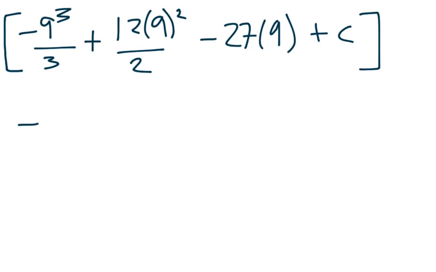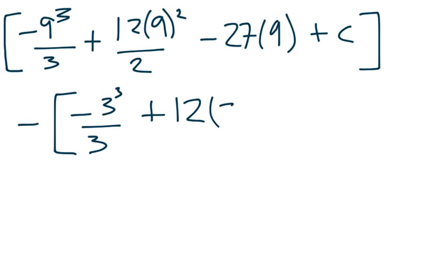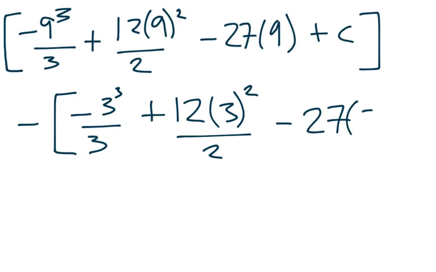And then we'll do minus, and we'll do the same. We'll sub in 3 for all those places. Minus 3 cubed over 3. We need to cube that 3. Plus 12 by 3 squared over 2 minus 27 by 3 plus c.